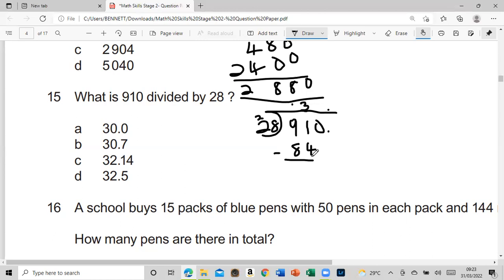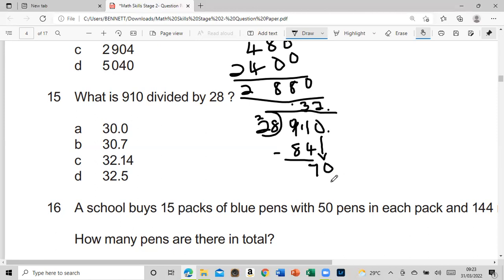8 from 4 you can't. So you borrow 1, and this becomes the 8. The 1 here, so that's the 7. Right? Carry down the 0. So this will give us 2 now.